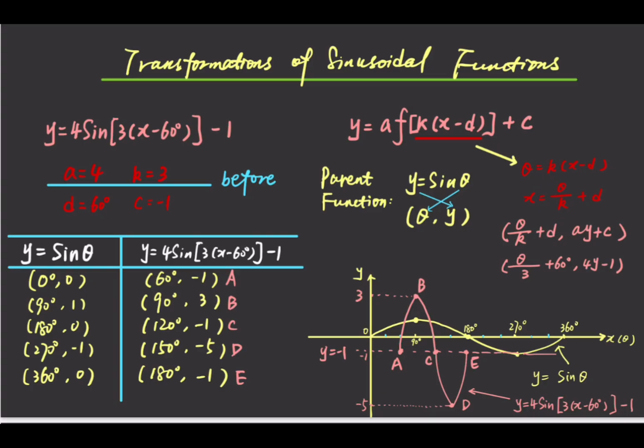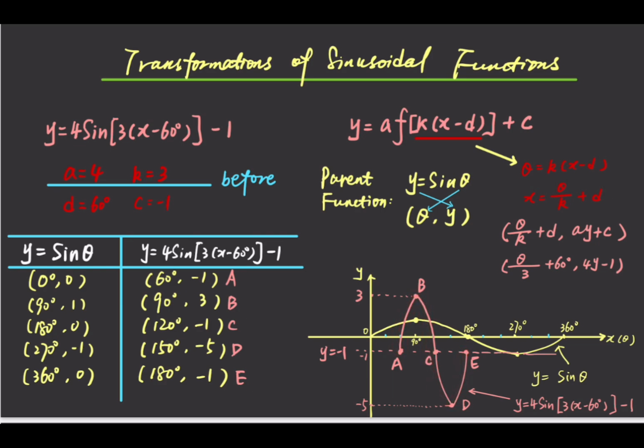According to this transformed function, we know k is 3, so the period should be 360 degrees over 3, where 3 is k. So the period should be 120 degrees. So this is just the one period. Over this one period, we will get the corresponding graph. We say this is one cycle.